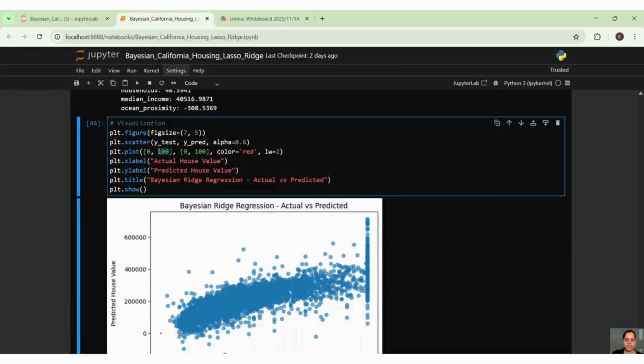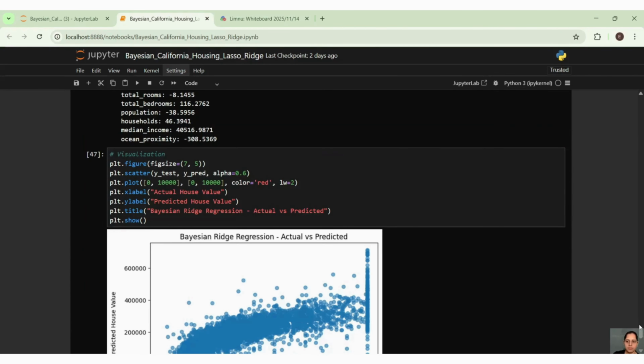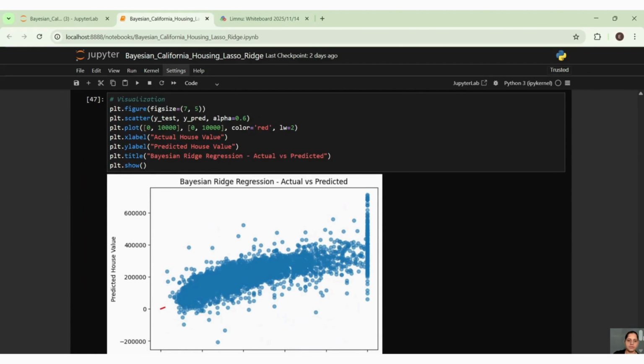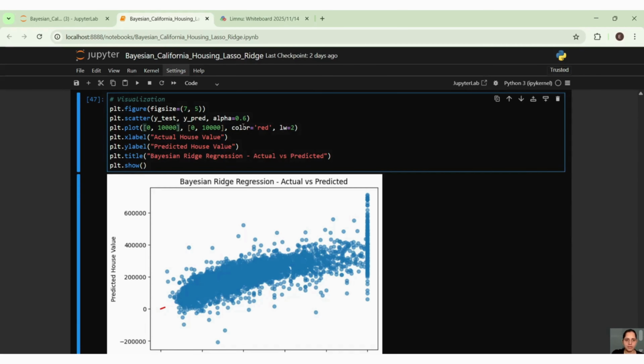Okay, just take 10,000. Yeah, so you can see the data here. It's showing in this direction only, right? So 0 to 10,000. Okay, let me just take value till 2 lakh.